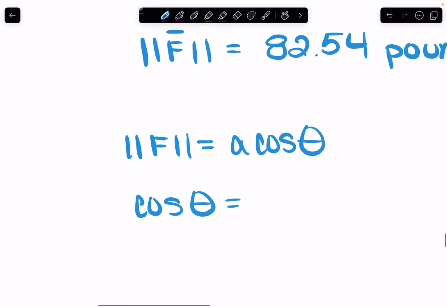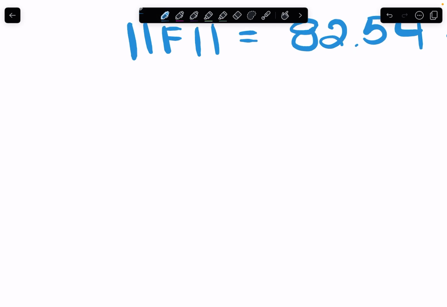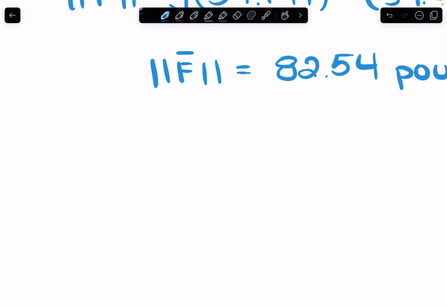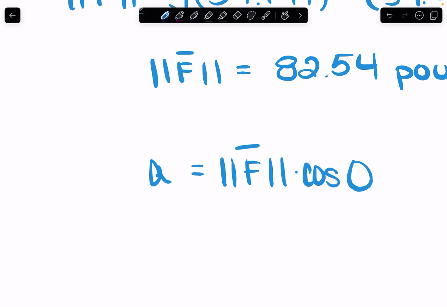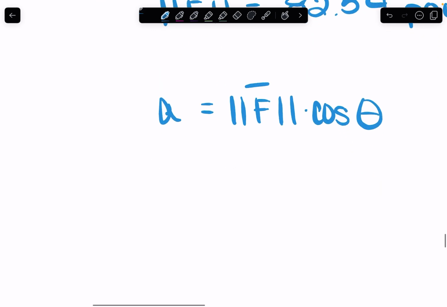Wait, I wrote that upside down. Hang on. Hold up just a second. I wrote it backwards. And A is the magnitude times cosine theta. There we go. That looks better. So to get cosine theta by itself, we would divide the magnitude off.